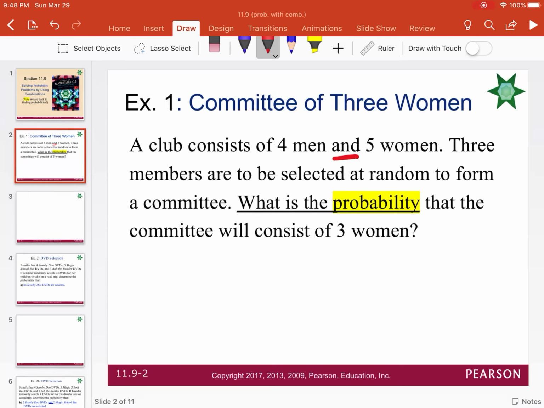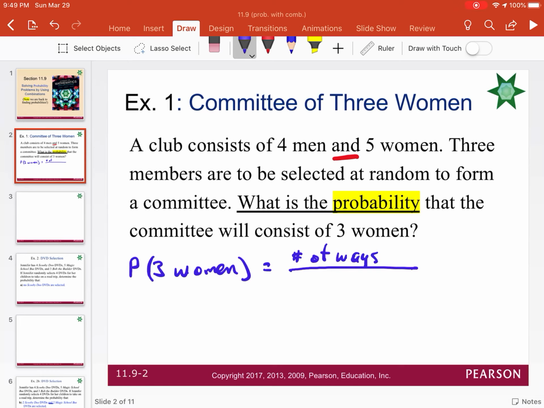So we could kind of write this out. The probability of 3 women. Now, just in words, okay? This will be the number of ways. That should sound familiar, right? Number of ways. Or let's just write it this way.